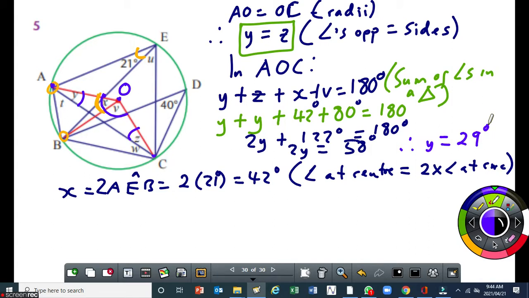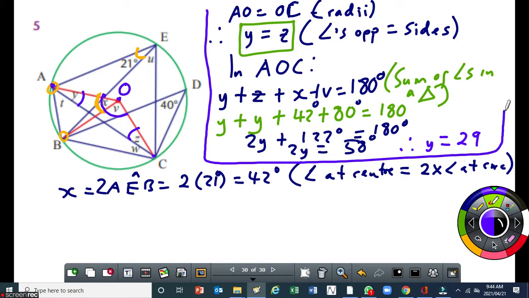Instead, you could have carried on with y plus y plus 42 plus 80. If you put y plus z in brackets, the reasoning is also that the angles are equal.